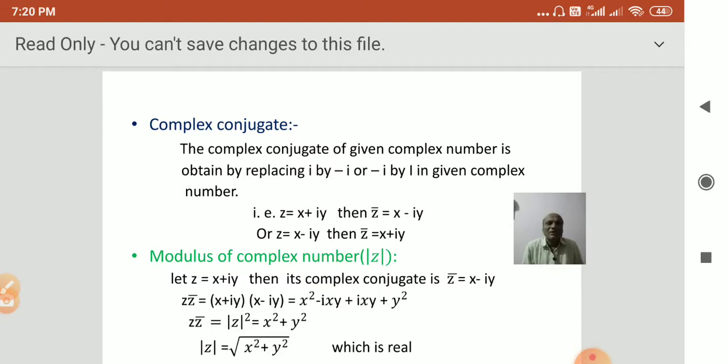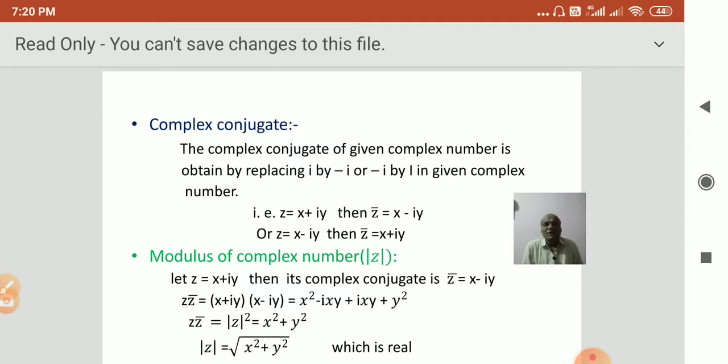If you want to find the complex conjugate, then we replace minus i by plus i or plus i by minus i. Means if in the given complex number there is a plus i, we replace it by minus i, or if in the original complex number there is a minus i, we replace it by plus i.